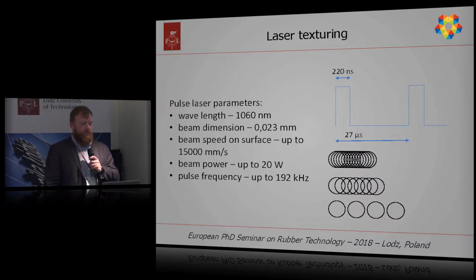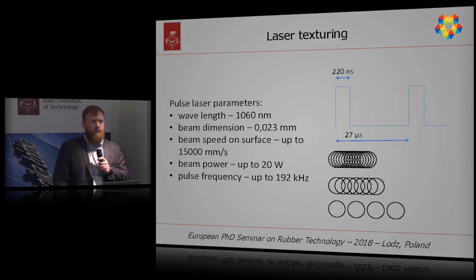The laser beam dimension is 23 micrometers. Beam speed on the surface can be up to 15,000 millimeters per second, and we can modulate the power of the beam up to 20 watts.